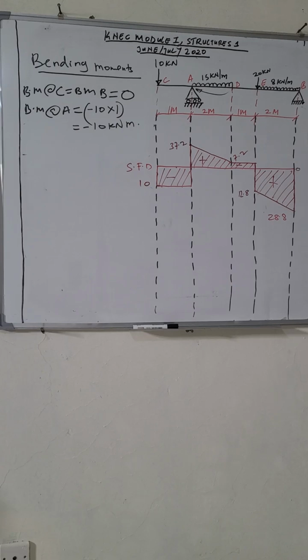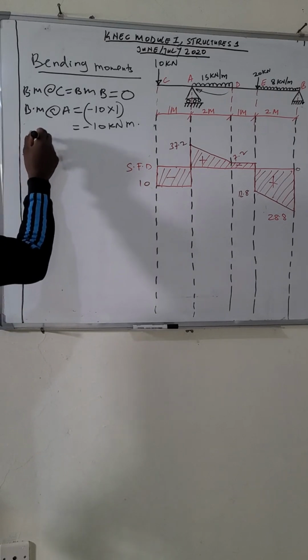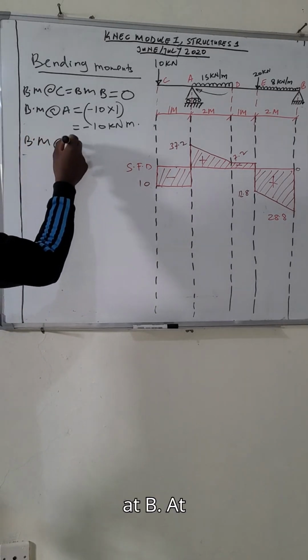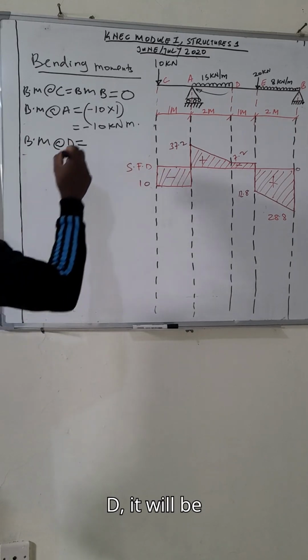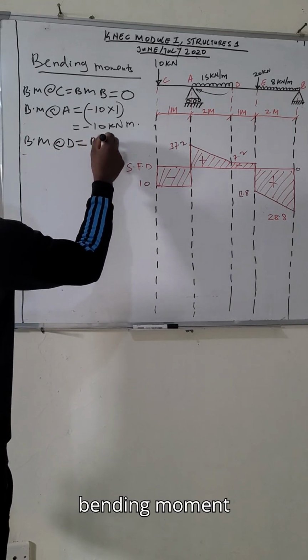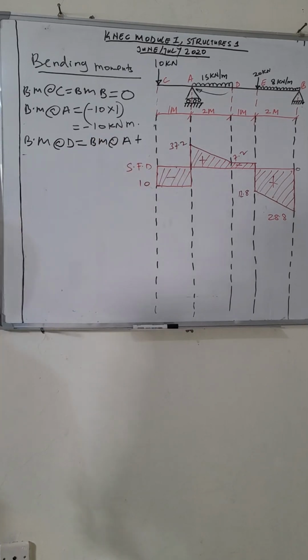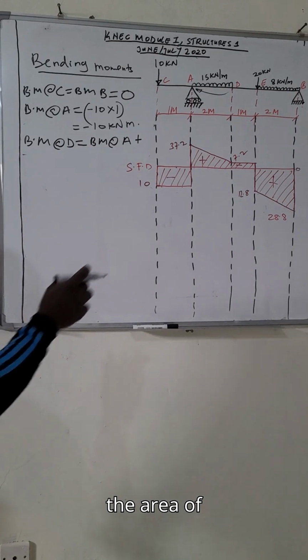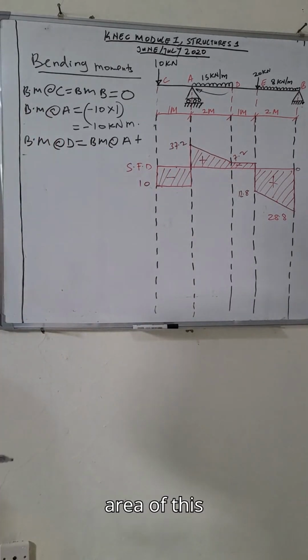So let's move to point D. Bending moment at D. At D, it will be bending moment at A plus the area of this shape.